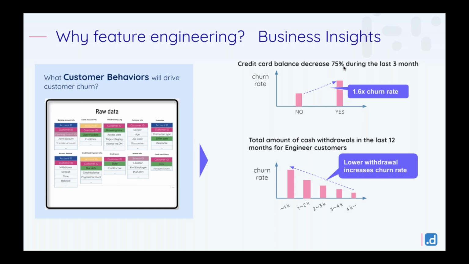Whoever has a declining pattern by 75% during that time window, we should go to them, maybe offer them some kind of incentive so that they can stay on with this credit card product. So this information actually becomes a lot more useful to the line of business rather than just giving them a prediction score.